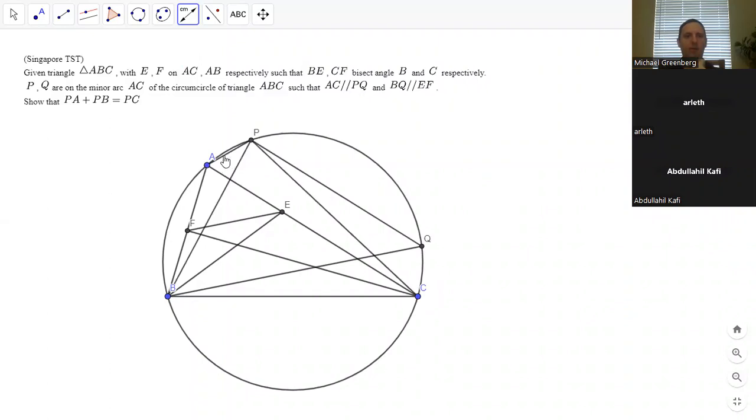So what would happen if we use Ptolemy? PA times BC plus PC times BA equals PB times AC. Yeah, this is pretty interesting.